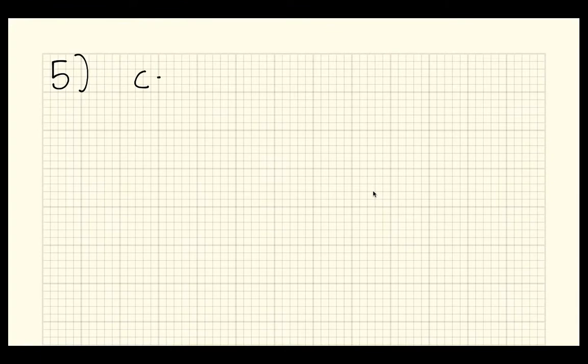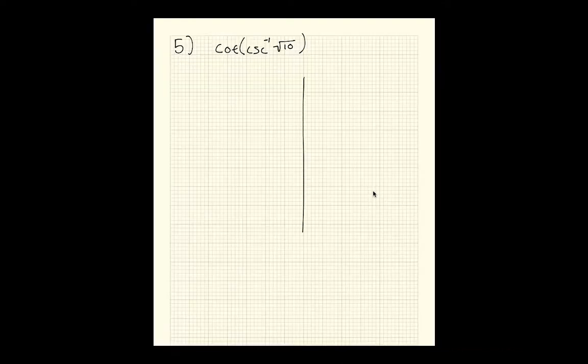Okay, start with number 5, which says the cotan of the inverse cosecant of the square root of 10. So we need to think cosecant, that goes with sine. If we're drawing an angle, remember inverse of anything, what is this saying?